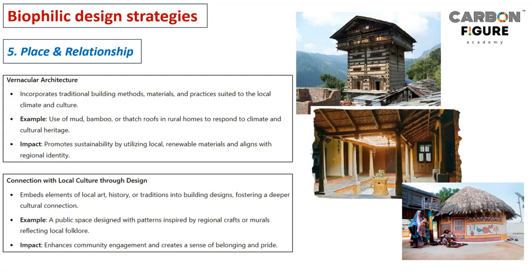Since it is in Tamil Nadu, there were different kinds of building architecture from different districts. So you could see Karaikudi, you could see how the coastal areas used to construct a house.